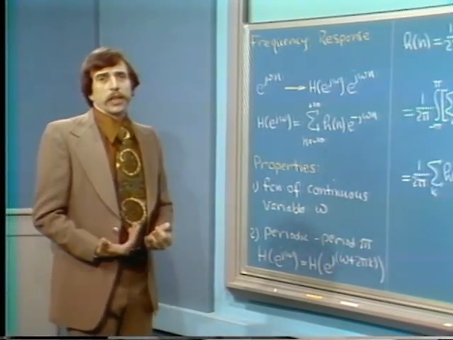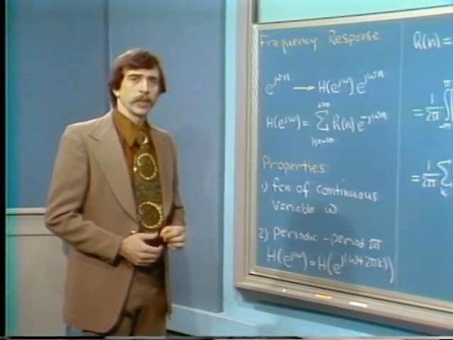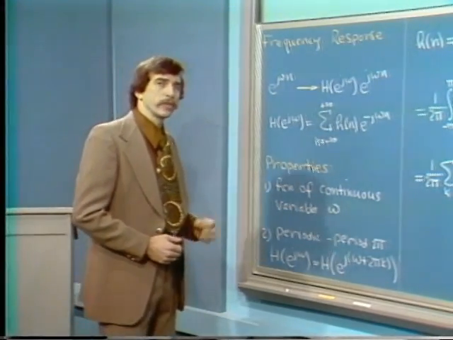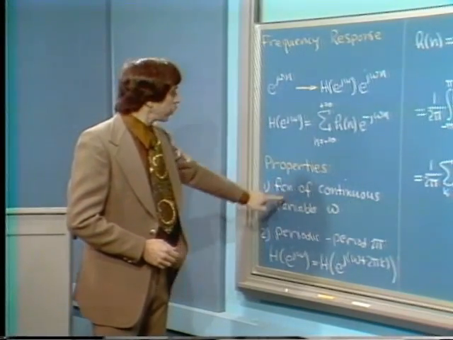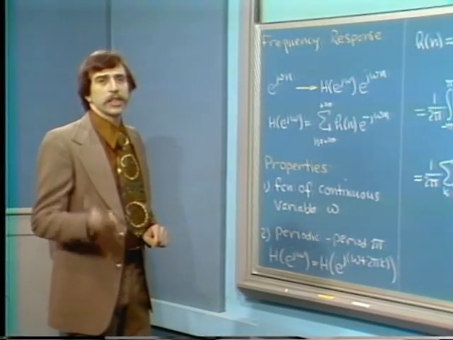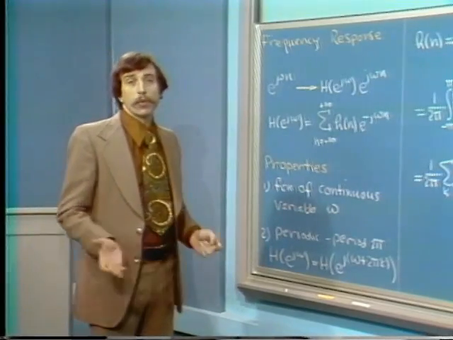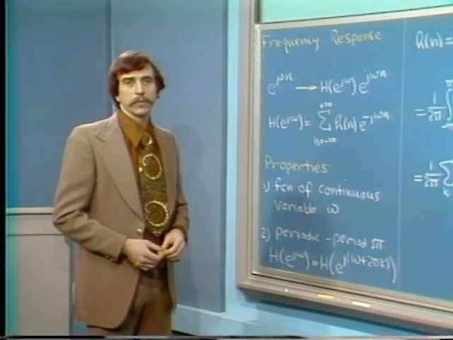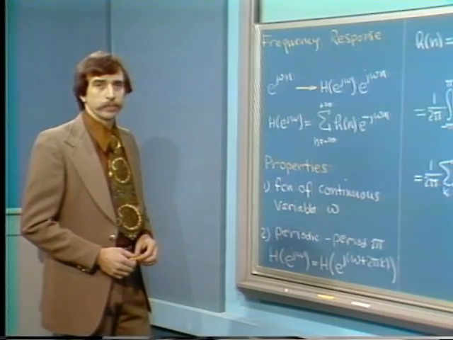One heuristic notion or style of developing such an inverse relationship we can get by observing that since the frequency response is a function of a continuous variable omega, and in fact it's a periodic function of omega, then it should have a Fourier series representation. That is, it's a continuous periodic function. A continuous periodic function has a Fourier series representation.